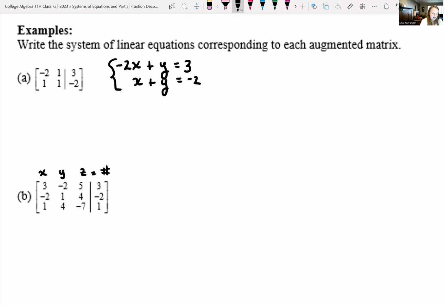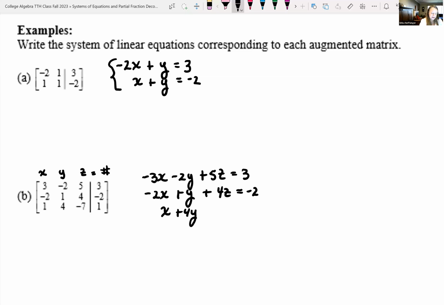So rewriting that system, we have 3x minus 2y plus 5z is equal to 3. So our second equation here is negative 2x plus y plus 4z equals negative 2. And then the last equation is x plus 4y minus 7z is equal to 1.